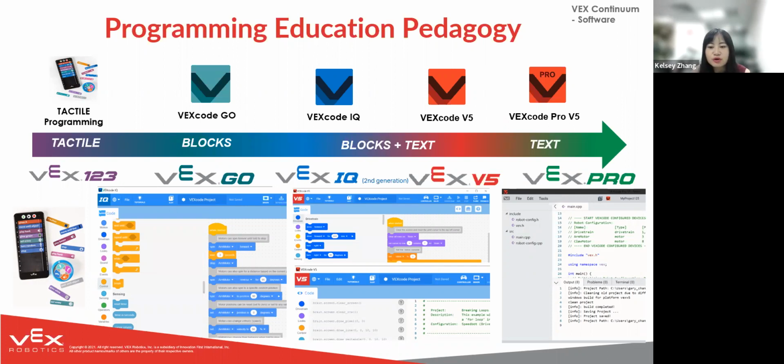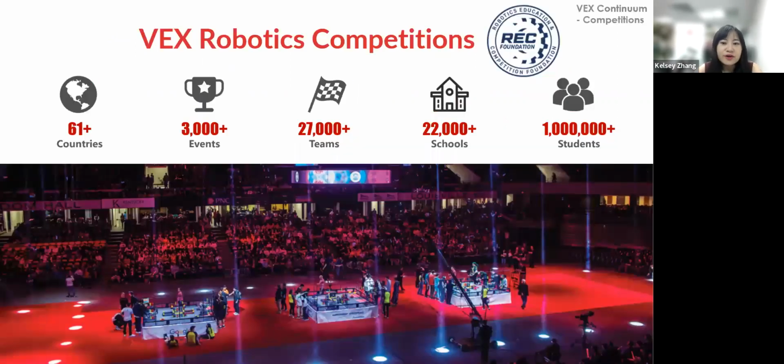As students progress from primary to secondary school and beyond, they don't need to learn a different kind of interface. We don't want them to waste their time familiarizing themselves with different platforms. So all the platforms are the same, so they don't need to learn a different interface. So this is our software continuum.